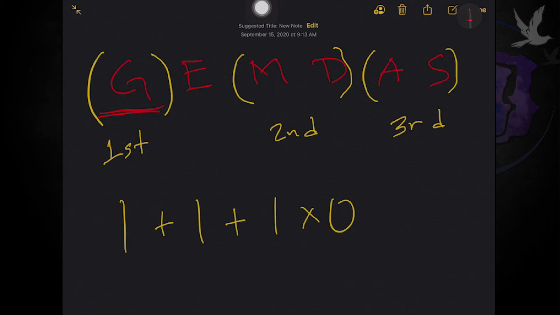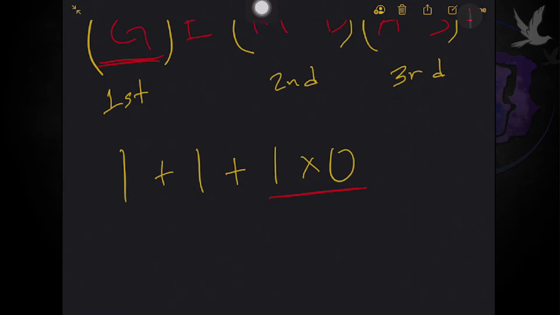Now, do you see any multiplication or division sentence here? If you notice, there is, which is 1 times 0. Since there is a multiplication sentence, all you have to do is deal with that first. Deal with 1 times 0 first. What is 1 times 0?